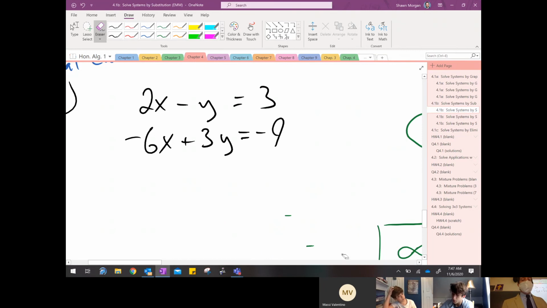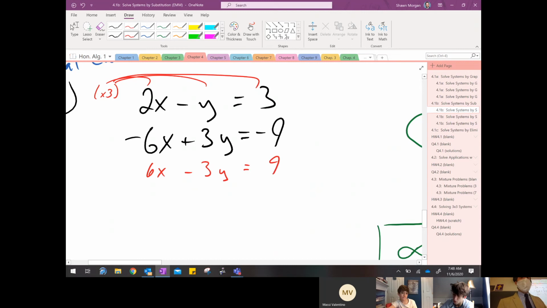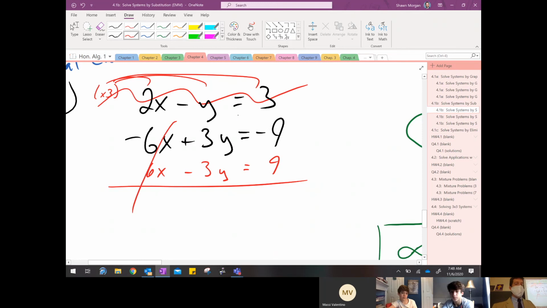That top row becomes 6x minus 3y equals 9. The x's cancel out, the y's cancel out, so I've got 0 on the left, and the 9's cancel out, so 0 on the right. 0 equals 0 is called an identity. Therefore, we have infinitely many solutions.